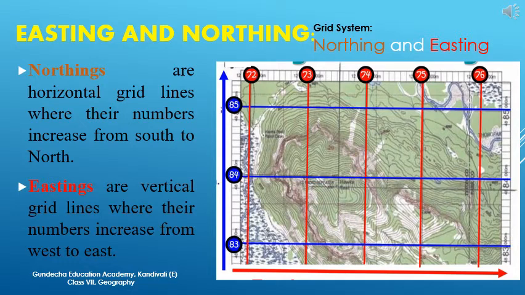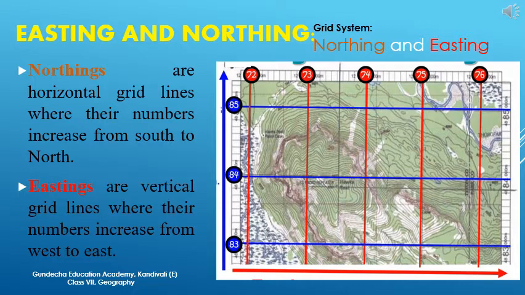Northings are horizontal grid lines, whereas their numbers increase from south to north. But eastings are vertical grid lines and their numbers increase from west to east.